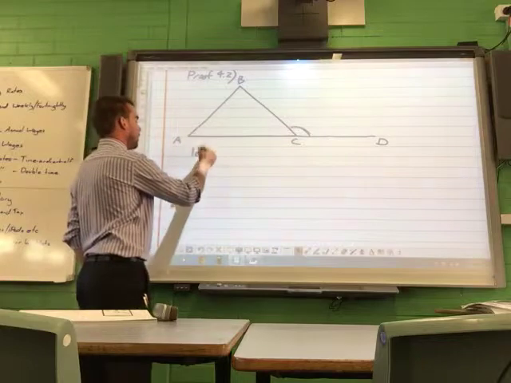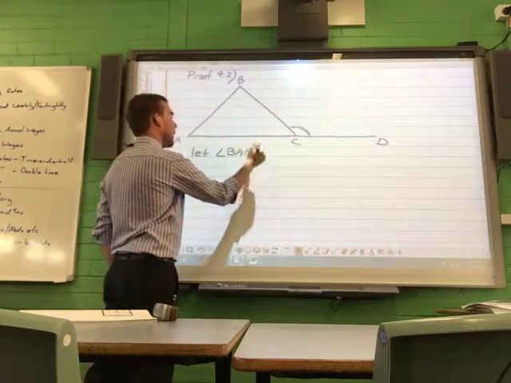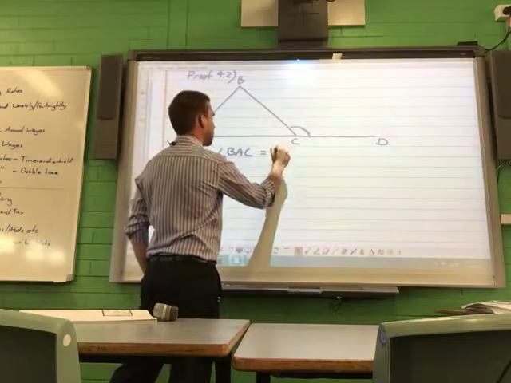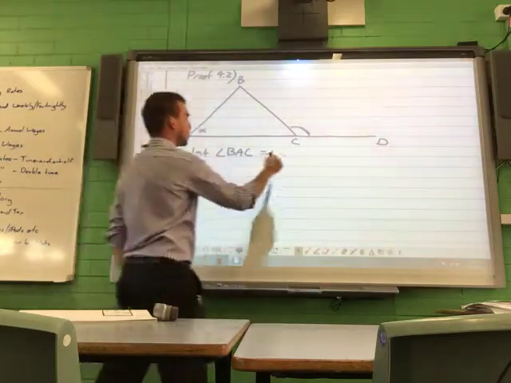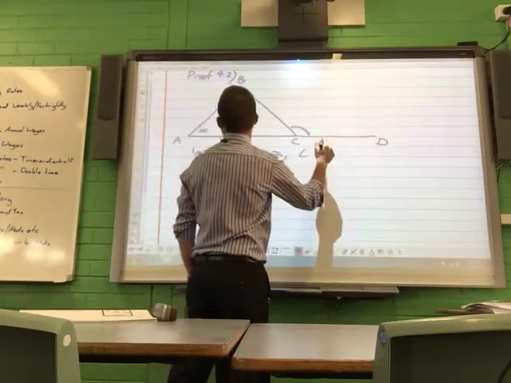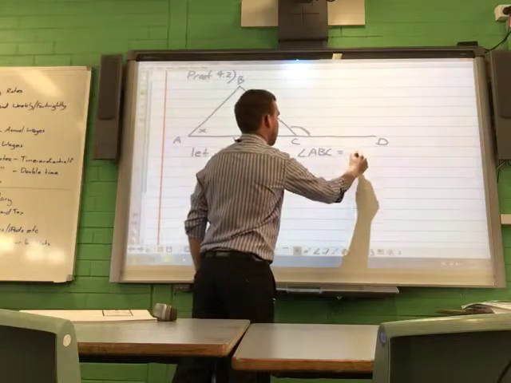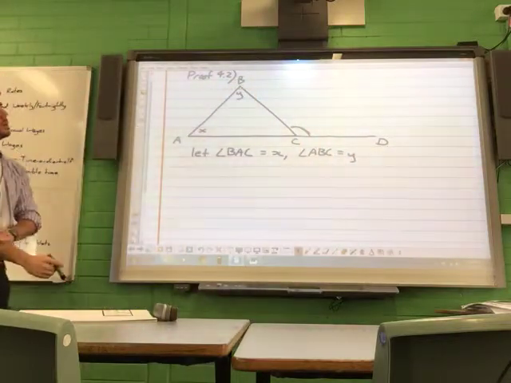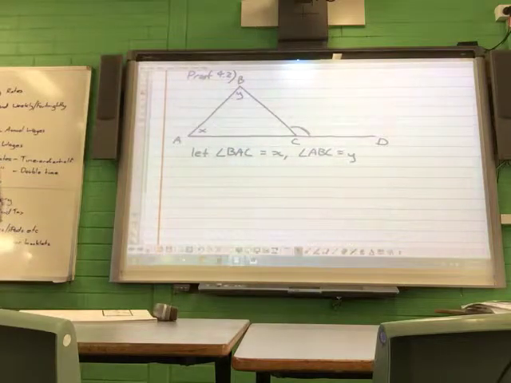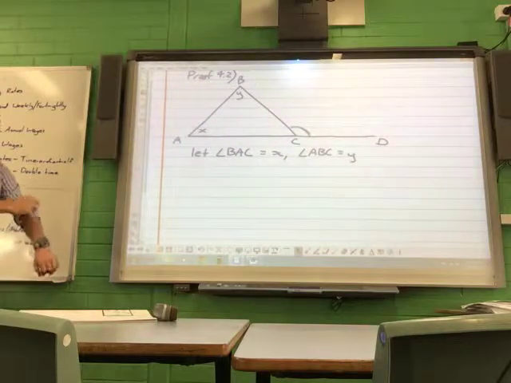So let angle BAC be X, and angle ABC is equal to Y. So basically what we need to do is show that angle BCD is X plus Y. Right, what can I do?